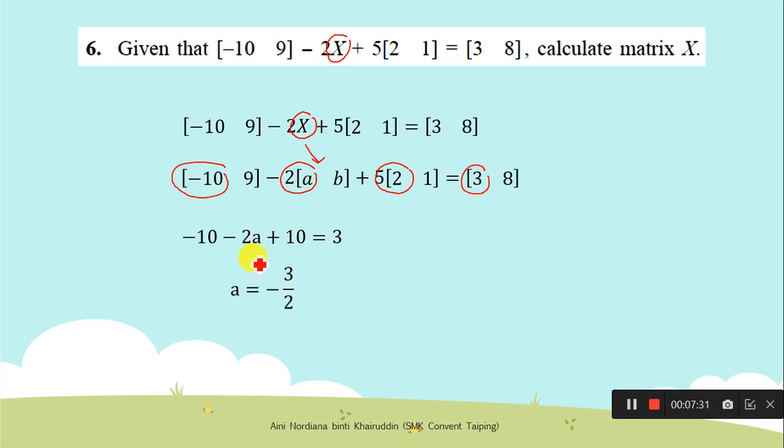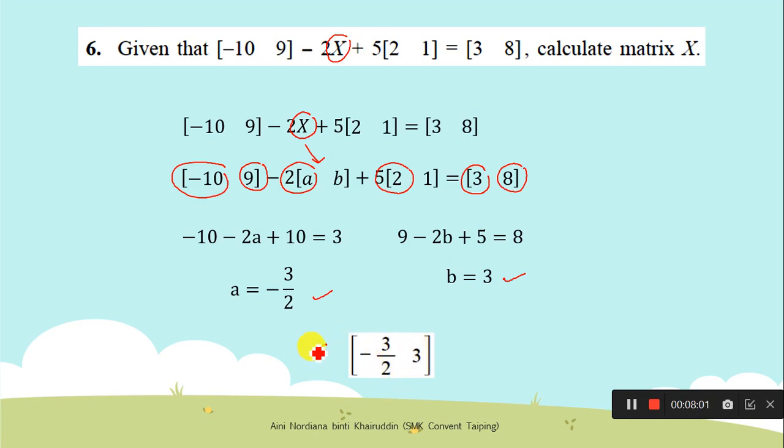So that you will get the value of A. Next, value of B. 9 minus 2 times B is 2B plus 5 times 1 is 5 equals to 8. So that you will get the value of B. So the matrix X is negative 3 over 2, 3. So this is matrix X.